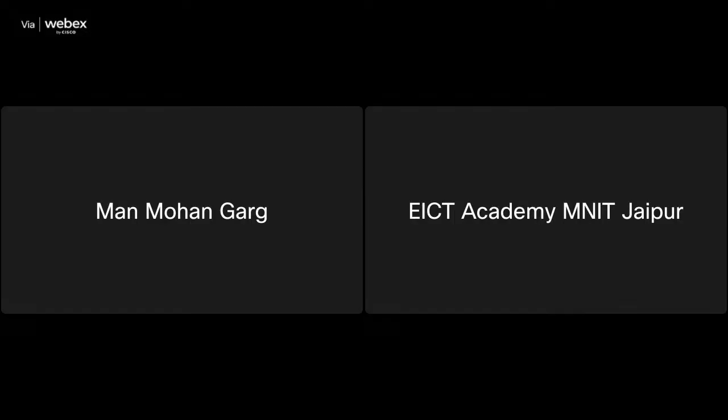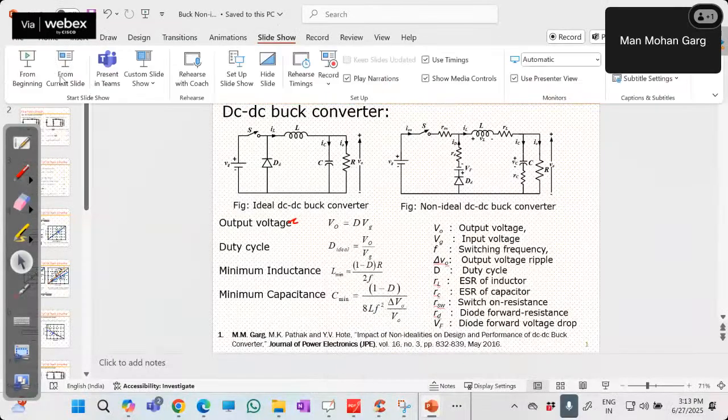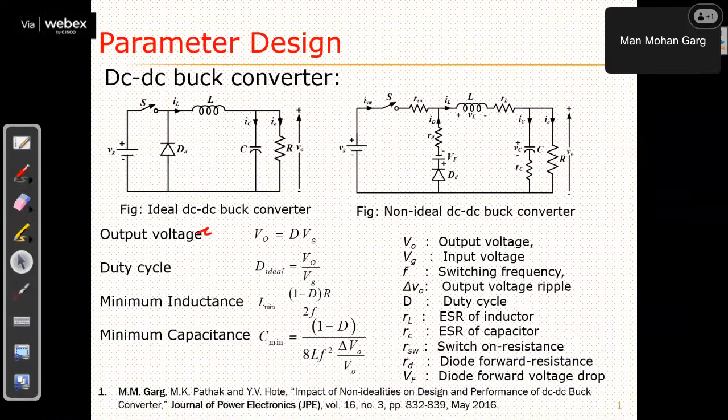Are you able to see now? Rupesh? No, sir, screen is not shared. Now? Now it's visible?